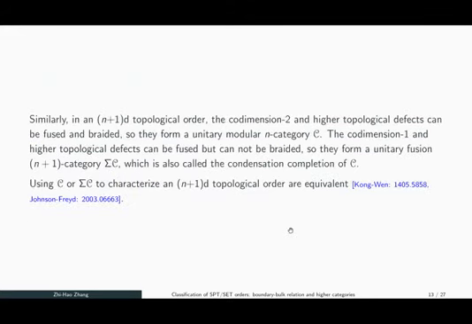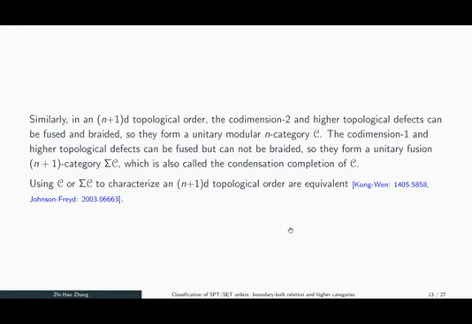And similarly, in n+1D topological orders, you can also consider codimension 1 and higher topological defects. They can be fused and braided, so they form a unitary braided fusion n-category, or a unitary modular n-category by the anomaly-free condition.